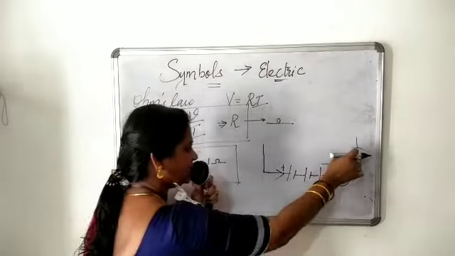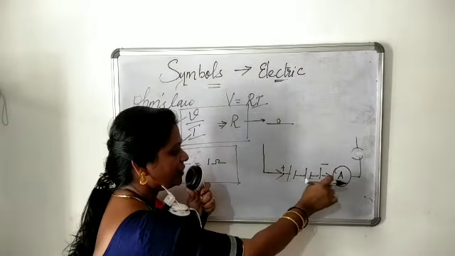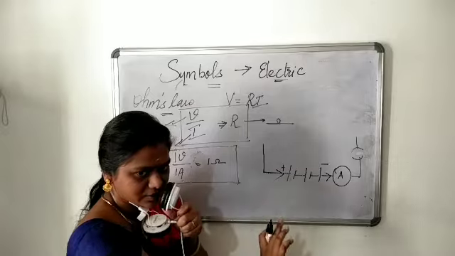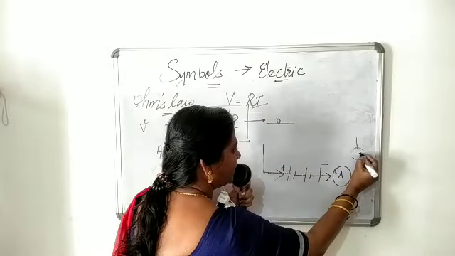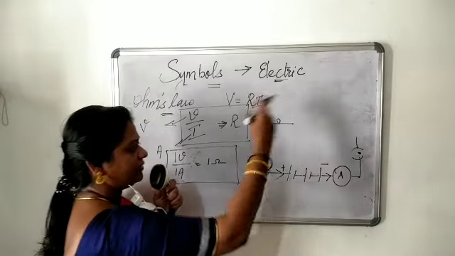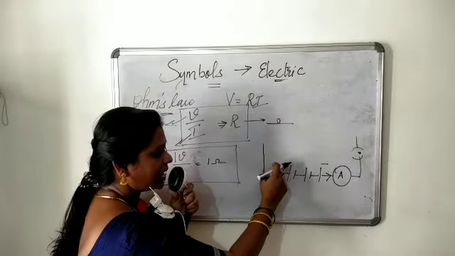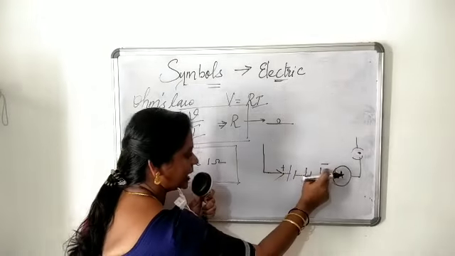When you draw it like this, you need not draw the flow of current, the direction of the arrow mark. If I keep it like this, you know the switch is in on mode, so the flow of current will take place. You already know that you always have to draw the arrow mark from positive to negative.